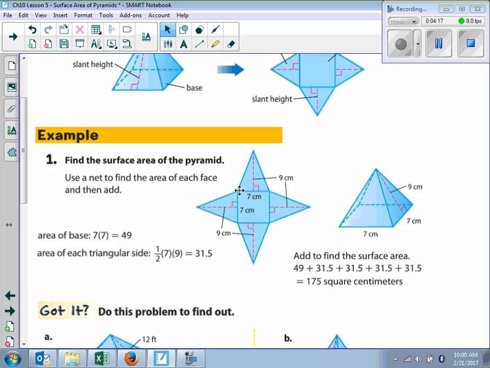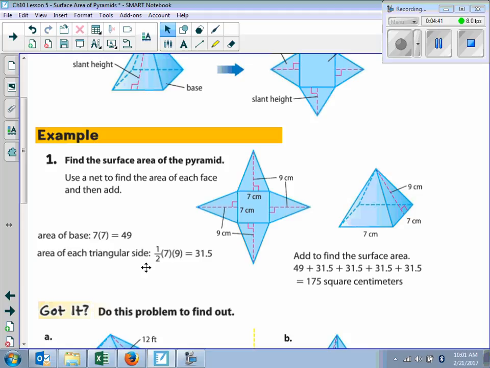So we have the base times the height, and then we'll multiply times 4. And when we do that, one of them is 31.5, okay? The base is 7 times 7, which is 49, and when we add them all together, we get 175 square centimeters.